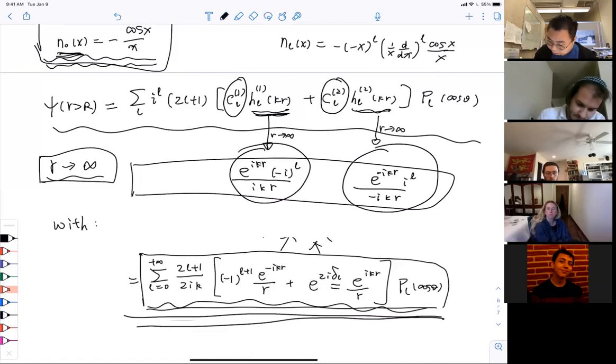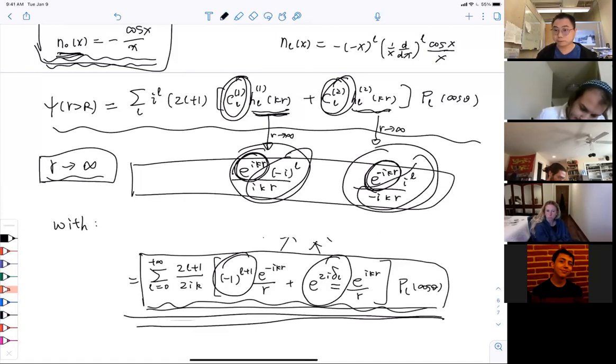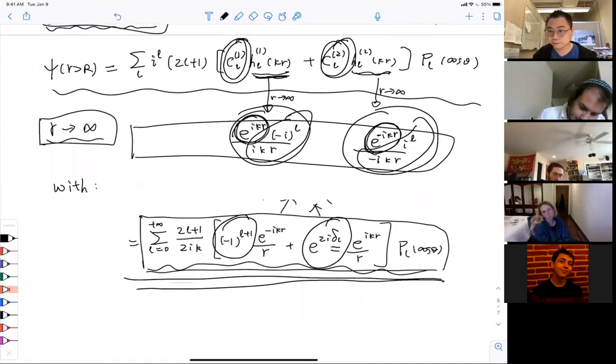You can already say, this is the incoming spherical wave. This is the outgoing spherical wave. So we only need to match these coefficients with the coefficients here and determine the C1 and C2, right?